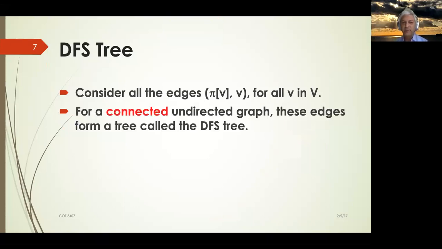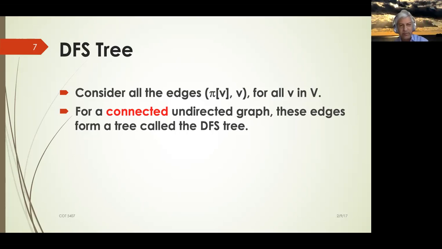Clement? I was going to ask, so is that why, at the beginning in the original DFS function, we set pi of u to nil? Yes, exactly, because the start node has no parent pointer. That vertex is simply not going to have a parent.